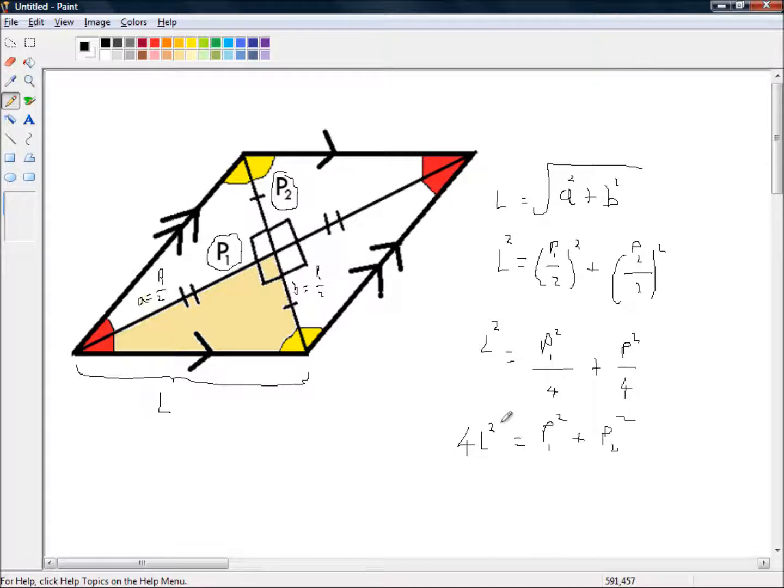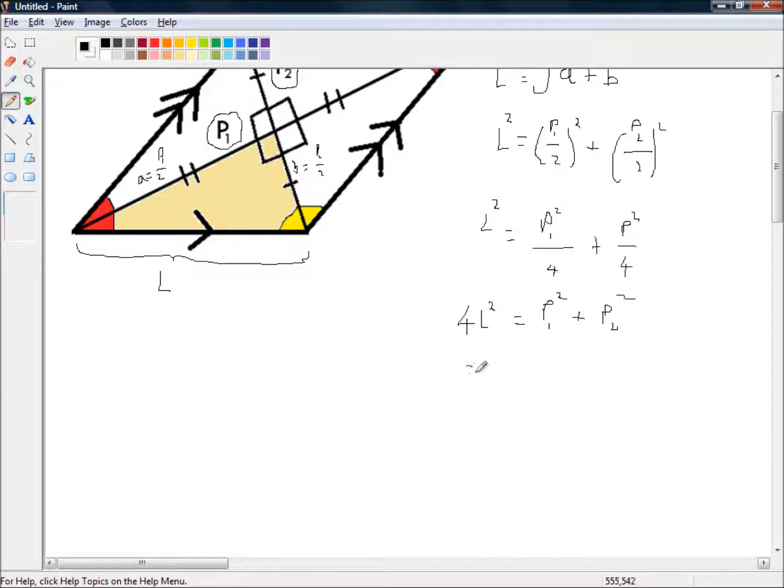The square root of 4L squared is just 2L, and that's equal to the square root of P1 squared plus P2 squared. And lastly, dividing everything by 2, L is equal to the square root of P1 squared plus P2 squared, all over 2. And now we have our length.